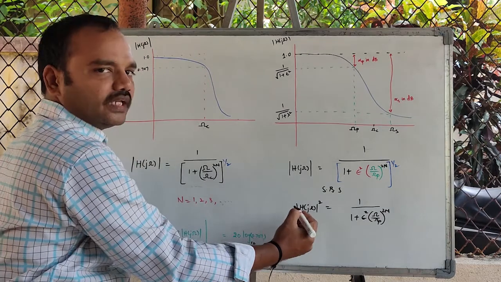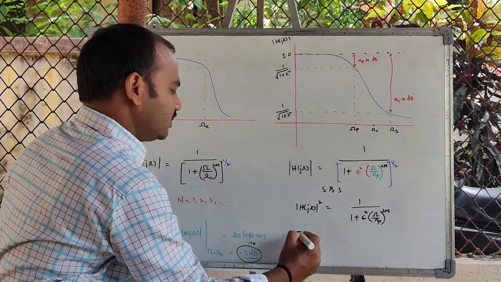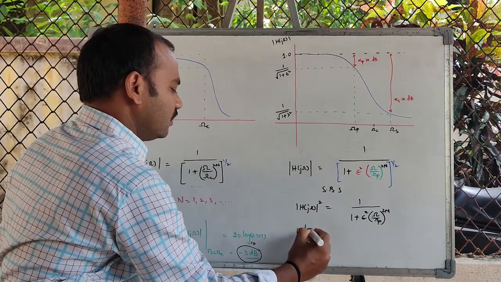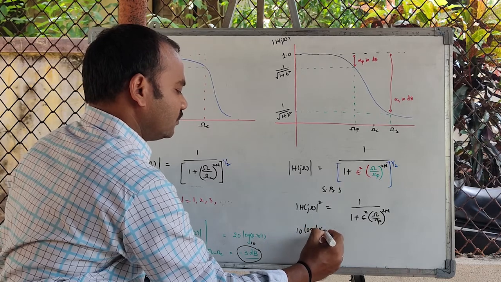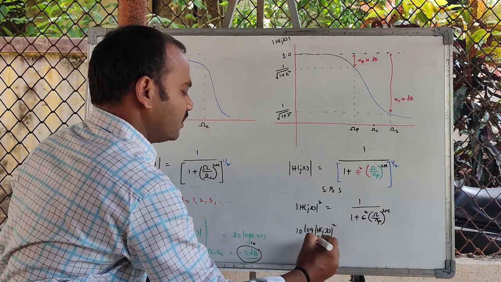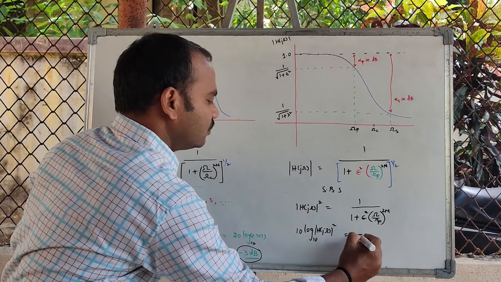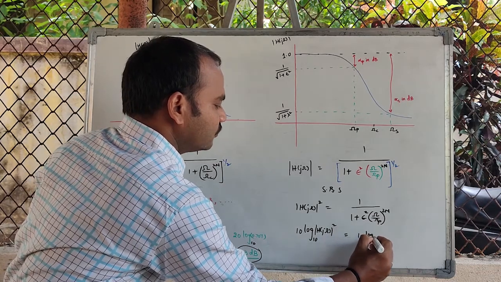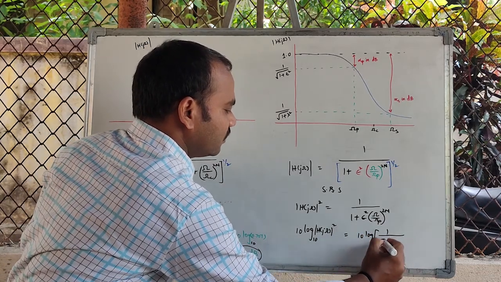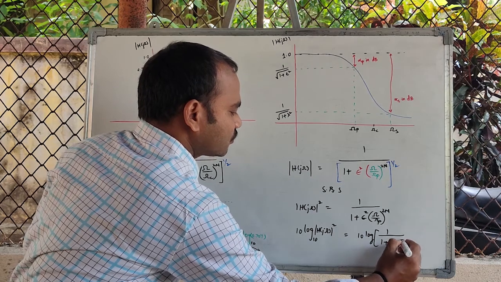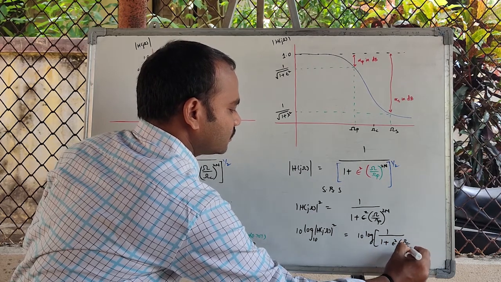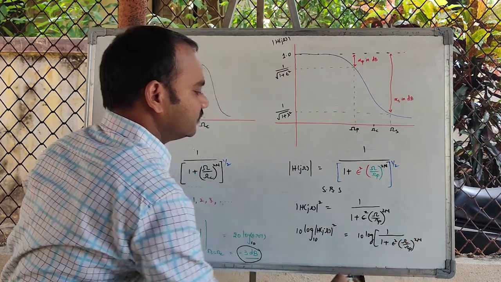Now if we take 10 log of this value, it is 10 log of magnitude of H of j omega square base 10 is equal to 10 log of 1 by 1 plus epsilon square (omega by omega p) to the power of 2n.